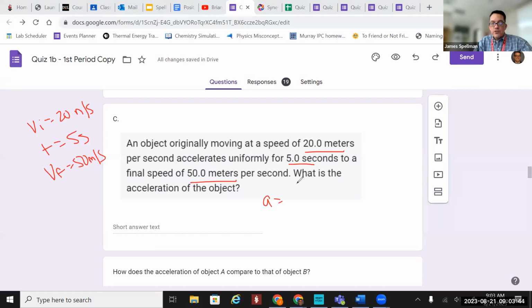All right, so again, acceleration, change in velocity over time. We ended at 50 and we started at 20, and that took 5 seconds. So it's 30 over 5. And we should get 6 meters per second squared. Again, it doesn't really give us a direction, so leave it at that.